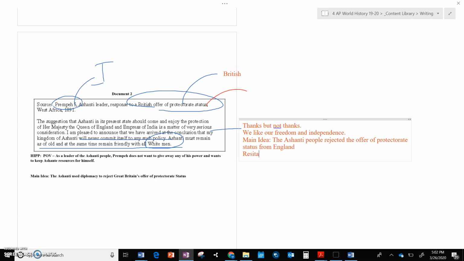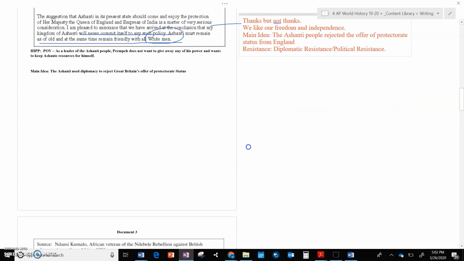In this case, it's not as passive as the first one. I mean, it's active resistance, or saying no. But it is still, I guess, diplomatic resistance. I mean, I don't know how you'd want to put it, political resistance. Okay, so there we go. That's document 2. All right, moving on to document 3.